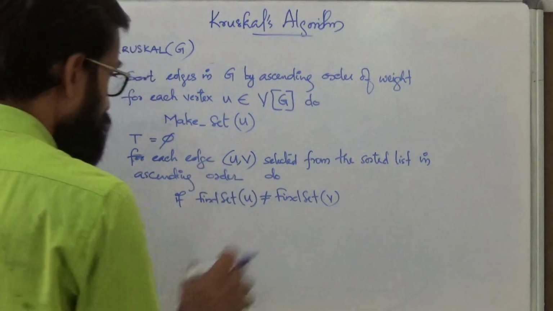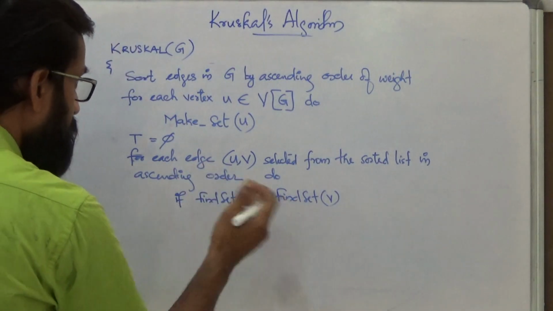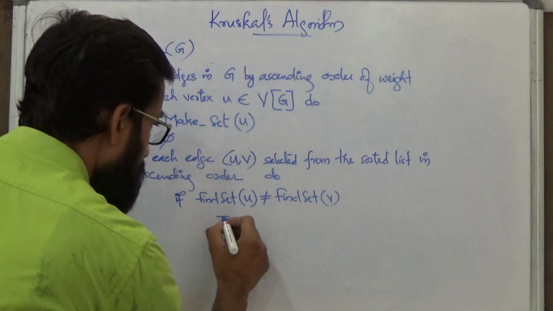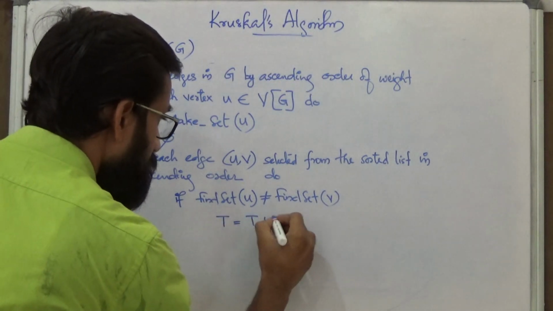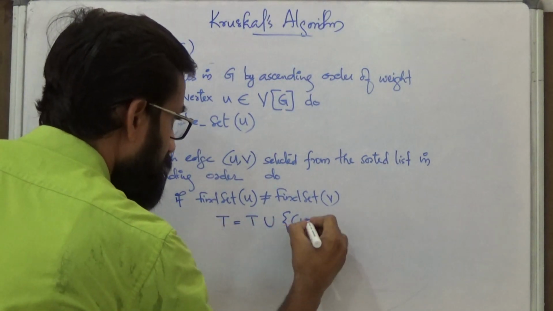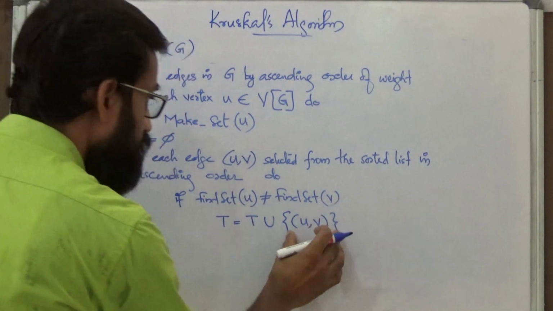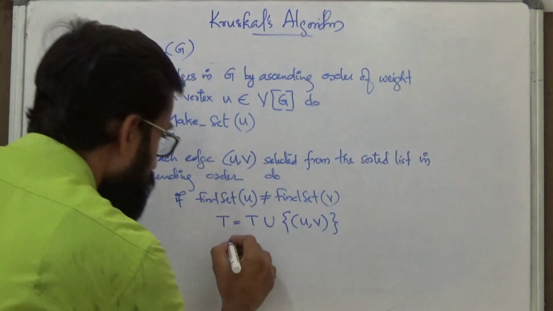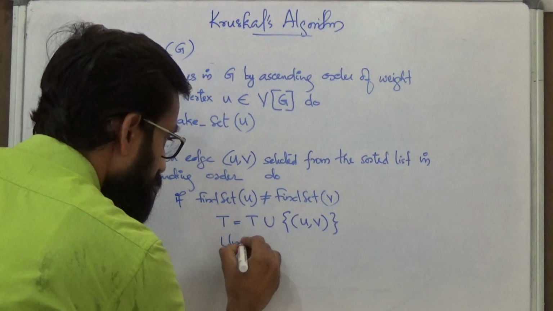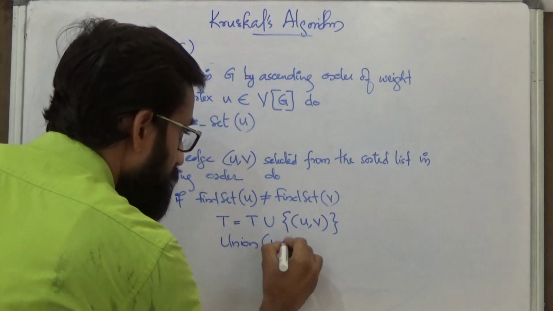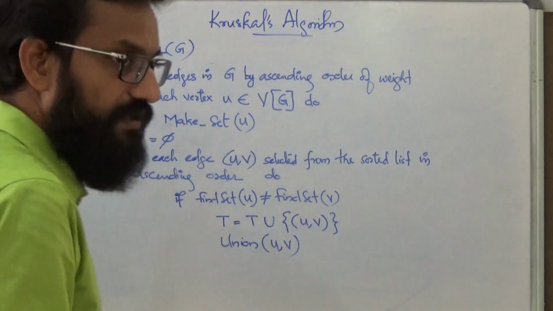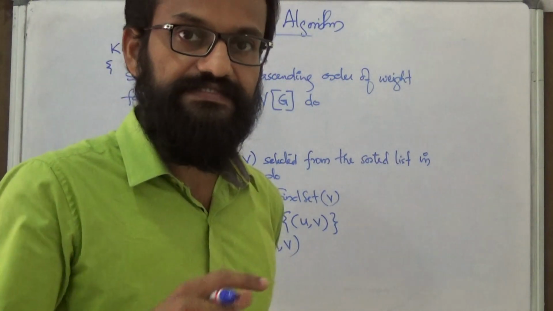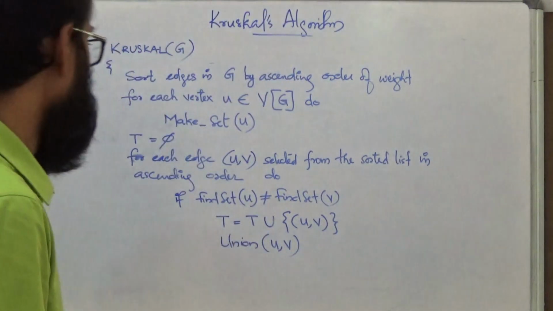So uv is a safe edge. If this condition is satisfied, then you can add edge uv to the spanning tree, followed by calling union uv. So union uv actually unites sets containing u and v.